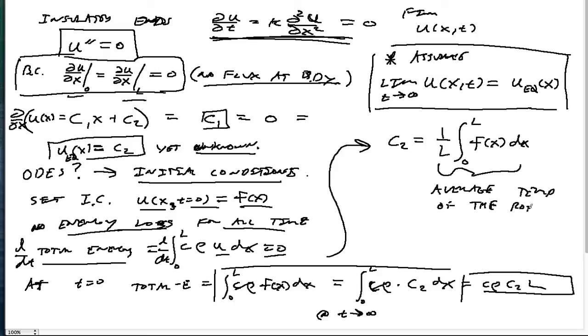Okay, so again, what we think about is at t equals 0, we have some function from 0 to L. Maybe the rod temperature is like this, right? And it's going up and down and all over the place, but there's some sort of average temperature.